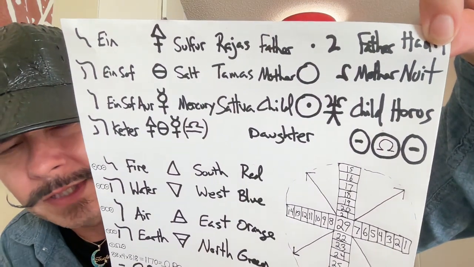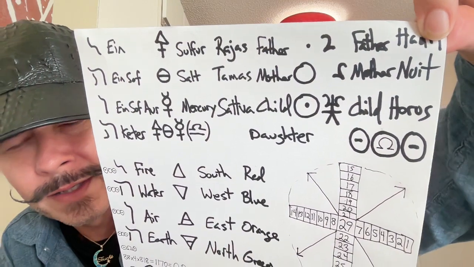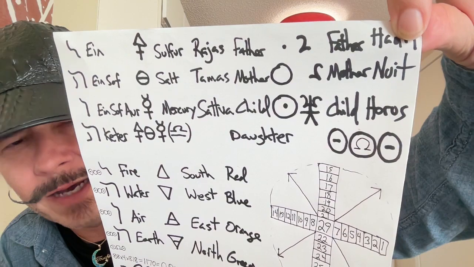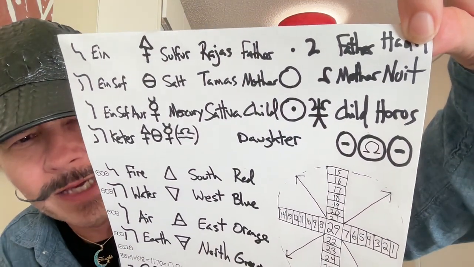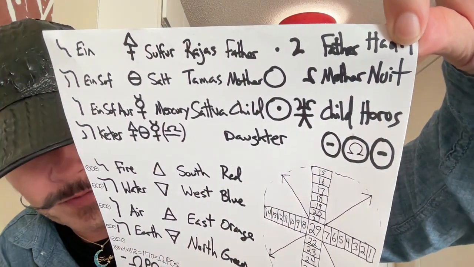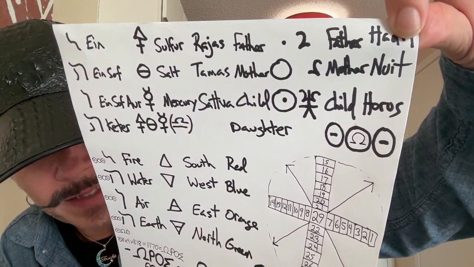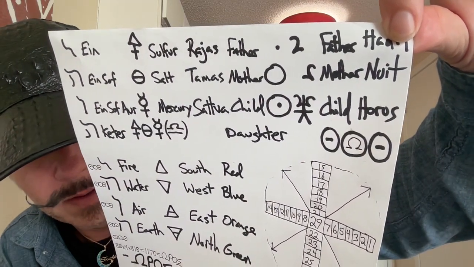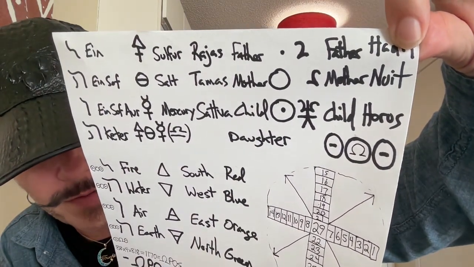And now I'm going to proceed to discuss the Ein region of the Tree of Life a little bit more, and primarily how the entire first three region can be thought of as a triad, specifically with the alchemical attributions sulfur, salt, and mercury. So Ein Sof Aur can be attributed to the alchemical tria prima, sulfur, salt, mercury.